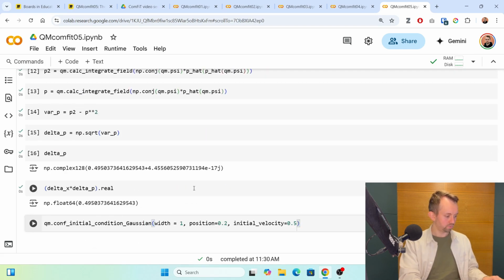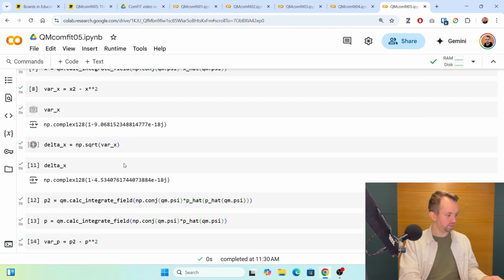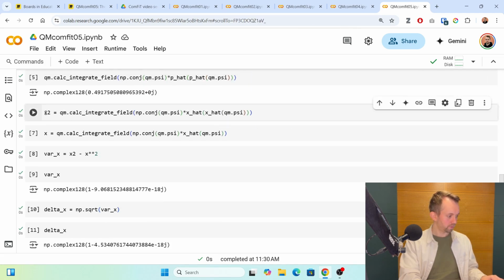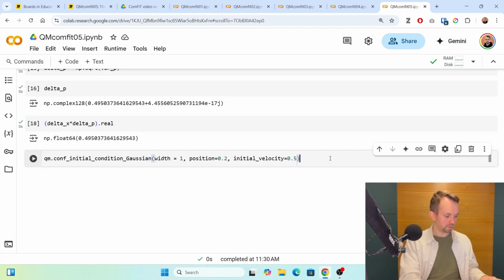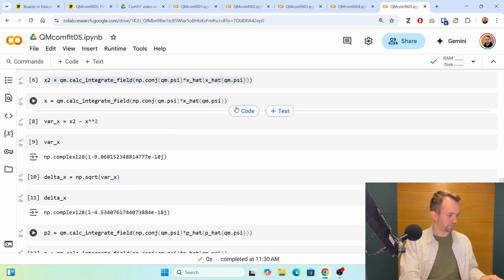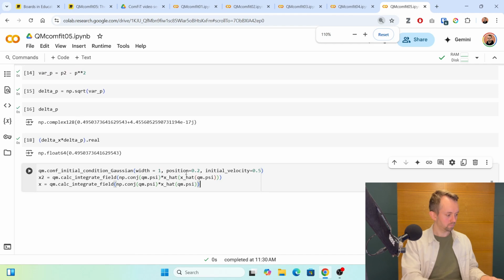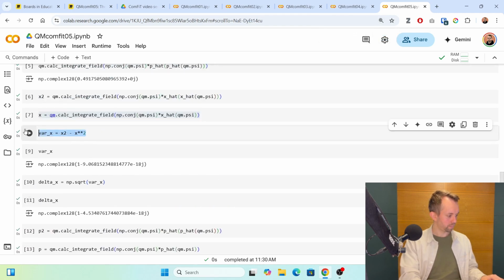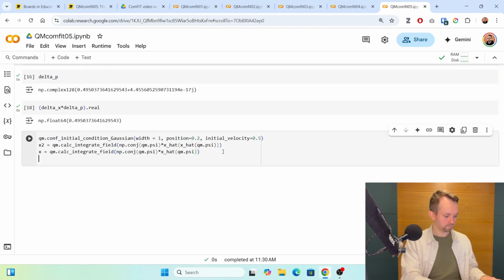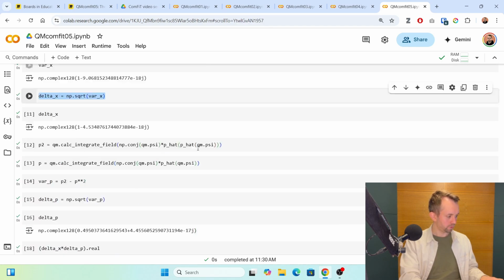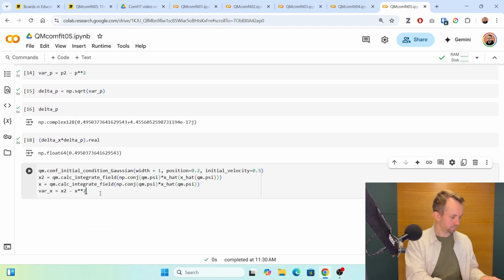So I'm going to create this thing here, and then I need to calculate this, and I need to calculate, I should have done this in one block, I see. Then we calculate dx.